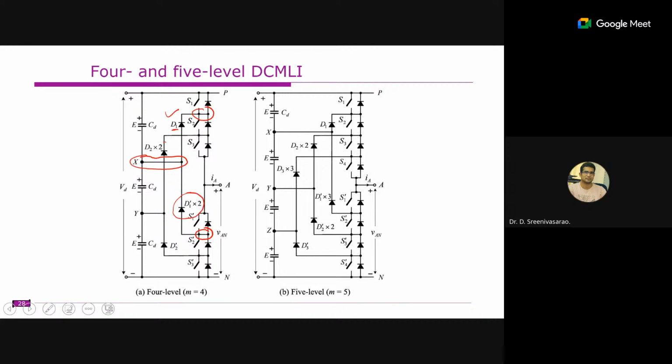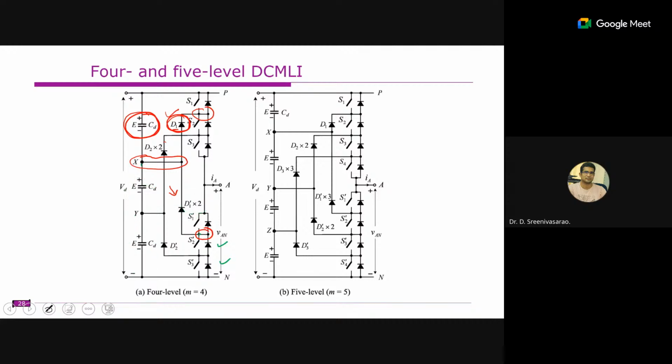This high rated diode is supposed to withstand this voltage only. Whereas this other diode is connected between this point and this point, so if this is on and this is on, it is supposed to withstand this 2E voltage. That's why it is written as D1 into 2E.